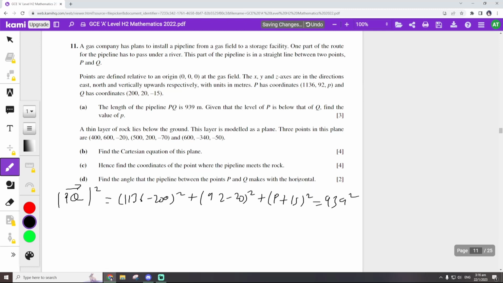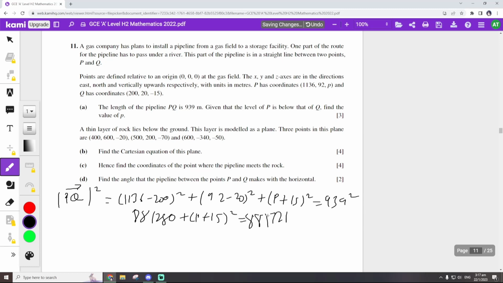If you do the math, this is 881280 plus p plus 15 squared equals 881721.